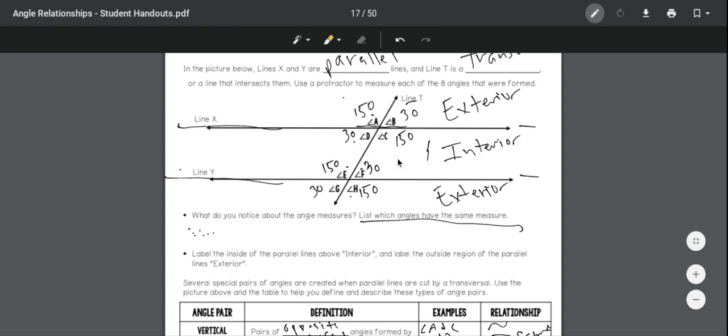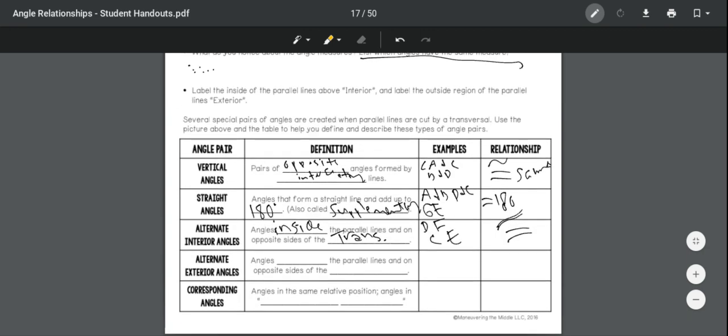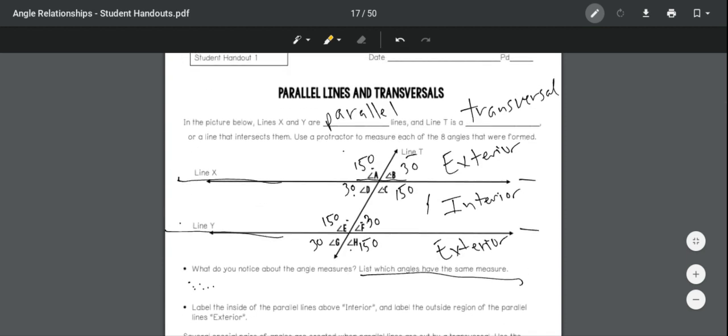Okay, alternate exterior are angles that are outside, like the word exterior, the parallel lines, and on opposite sides of the transversal. So exterior means out here. So if you find the two parallel lines, exterior would be out here and out here.